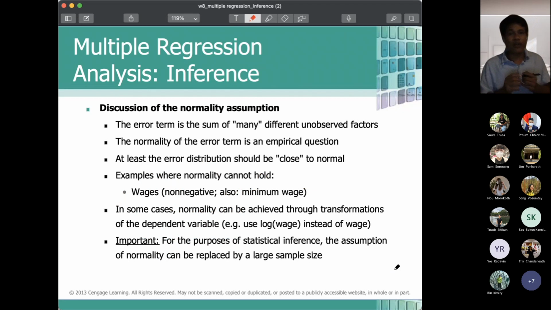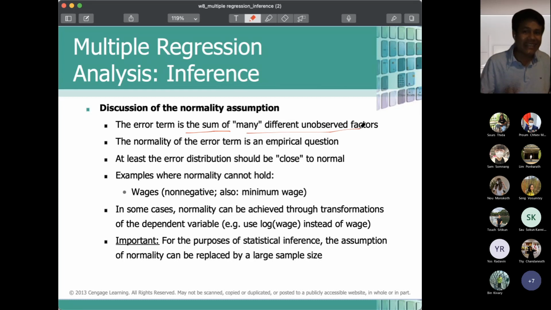Let's discuss a little bit about the normality assumption. All right. So again, assumption number 6 is normality on the distribution of the error term. The error term, again, guys, is the sum of many different unobserved factors.